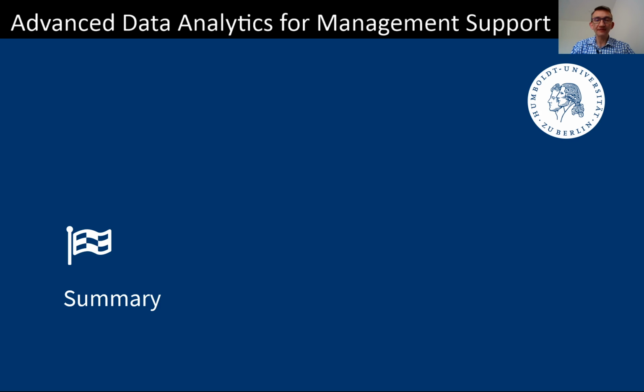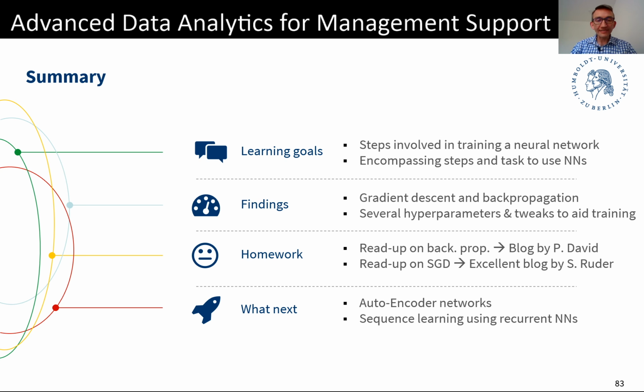Let's sum up the session on neural network training. What were our key learning goals? Well, I wanted you to know about the steps that are involved in training a neural network and a deep neural network. We have seen all these steps, I believe, starting off from backpropagation as the key part in the training, but then we've also looked into some other issues concerning regularization and how to initialize weights, for example.